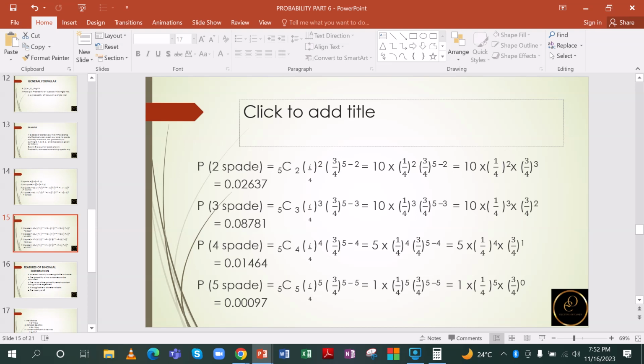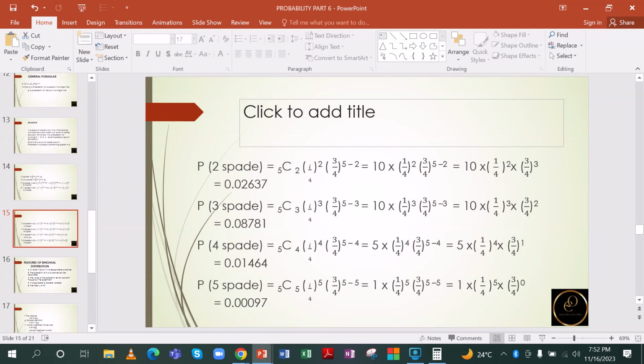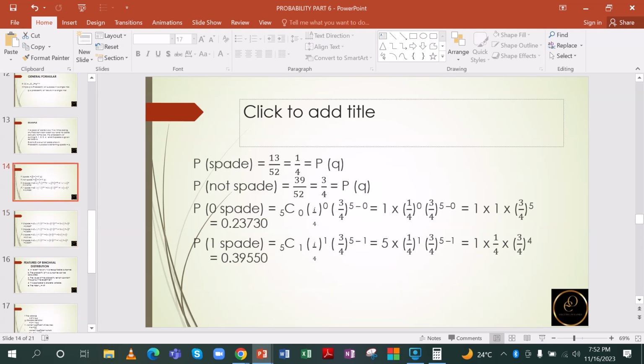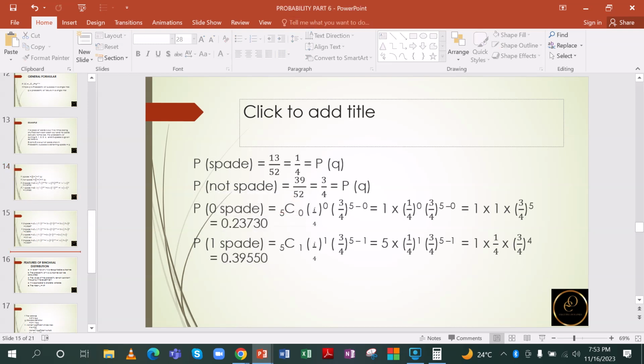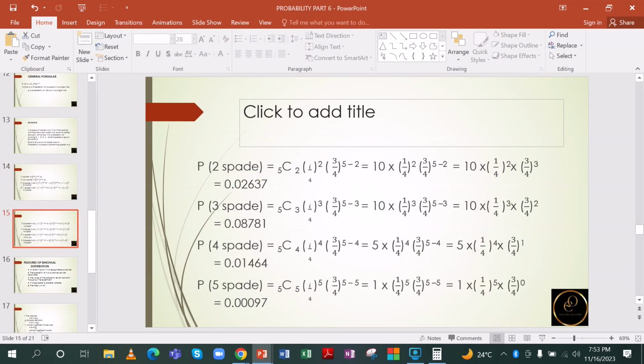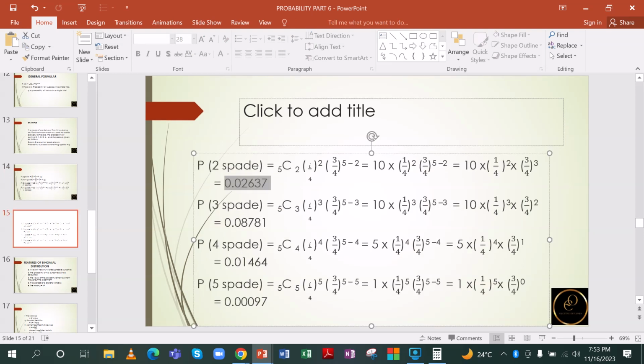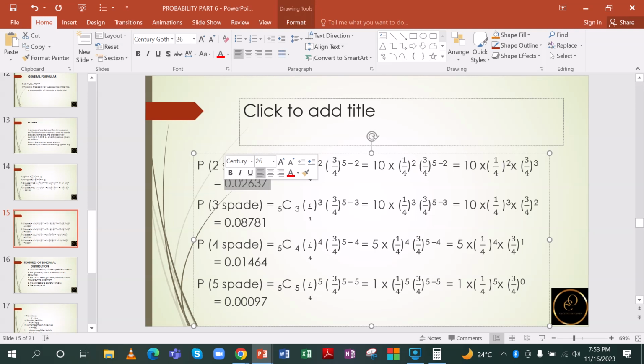If you want to counter-check whether the calculations are right, you add the probability of drawing 0 spades from the beginning, plus the probability of drawing 1 spade, plus 2 spades, 3 spades, 4, and 5.